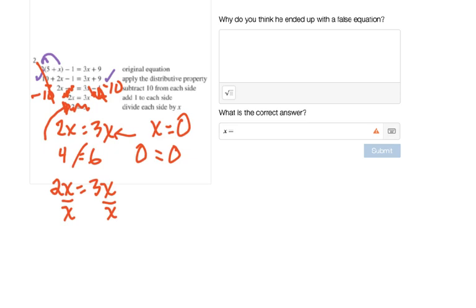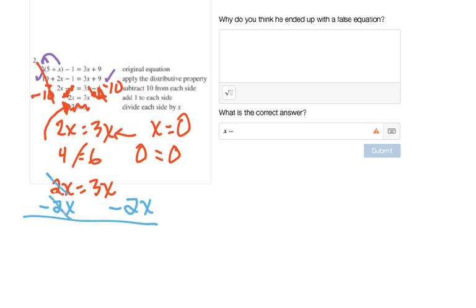And typically, ladies and gentlemen, when we solve, we are looking to get a value of x. So what would have happened if instead he would have subtracted 2x from the left and subtracted 2x from the right?